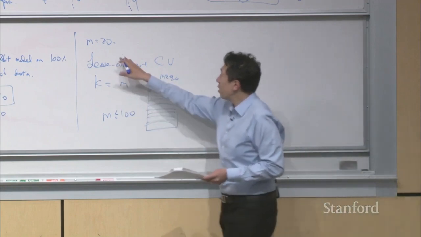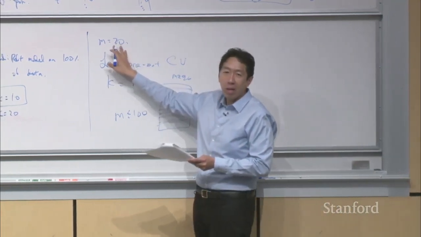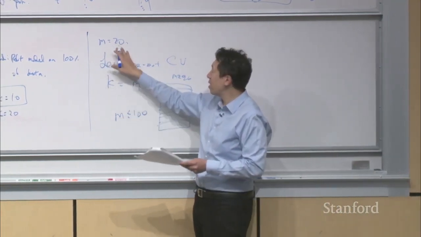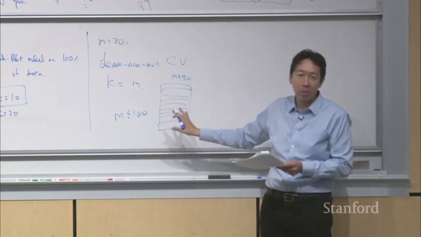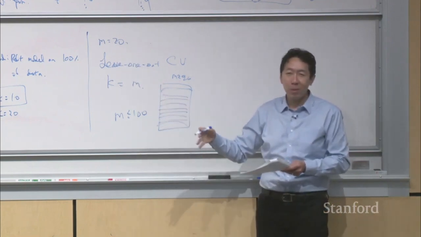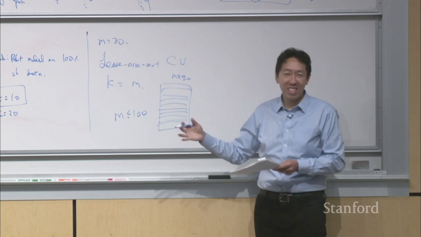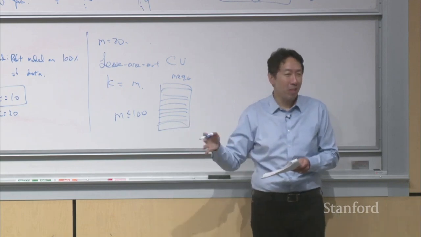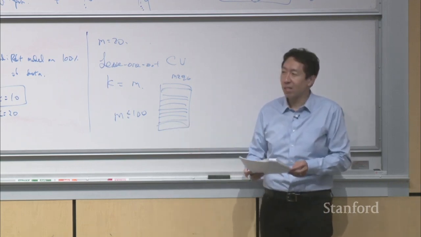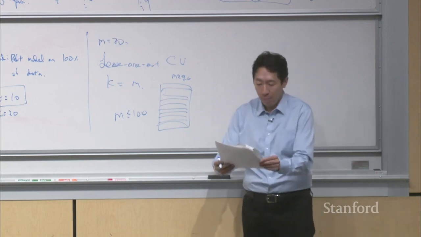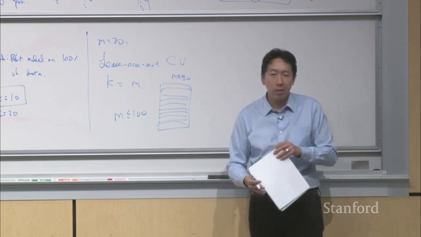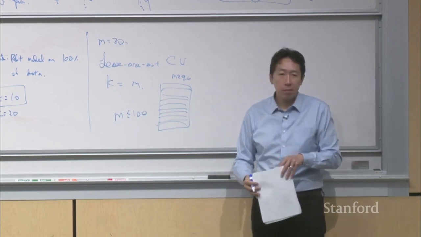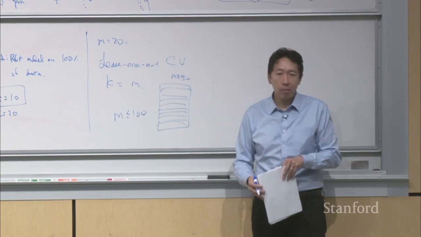But if you do have 20 examples, I would probably use this procedure, and somewhere between 20 and 50 is maybe when I switch over from leave-one-out to k-fold cross-validation.